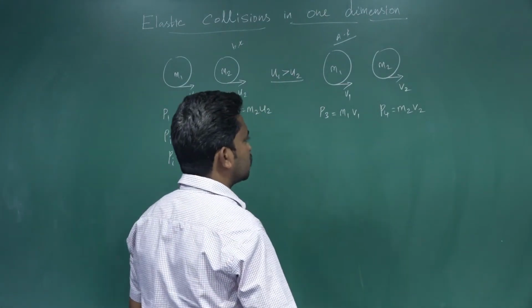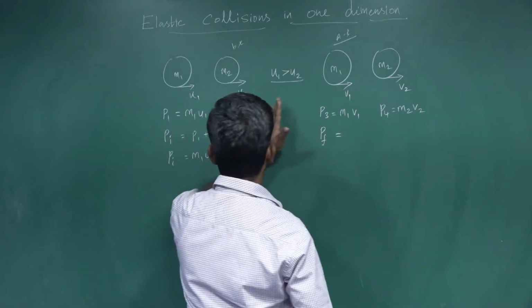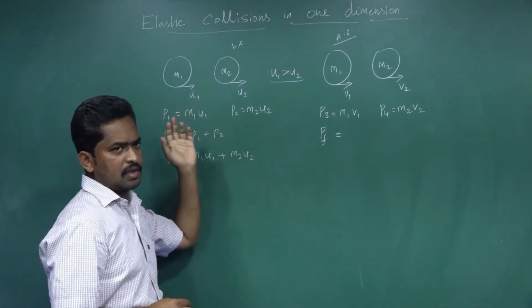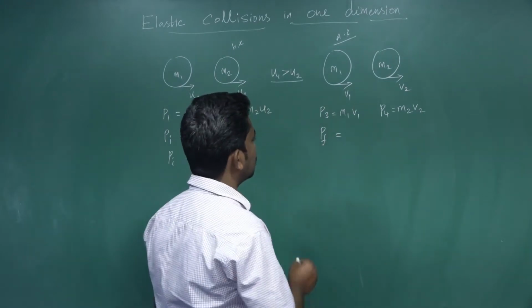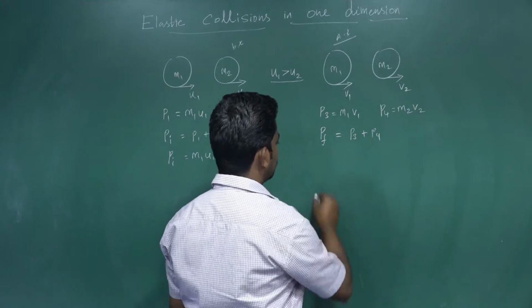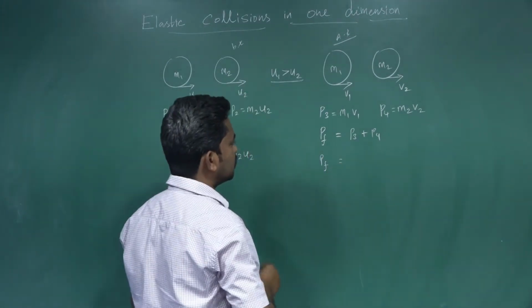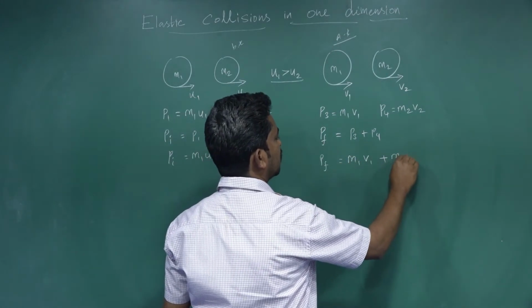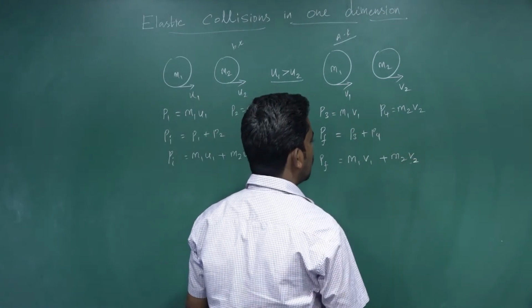So we want to calculate the total final momentum, while this is the total initial momentum before collision. The total final momentum after collision is P3 plus P4, which equals m1 v1 plus m2 v2.